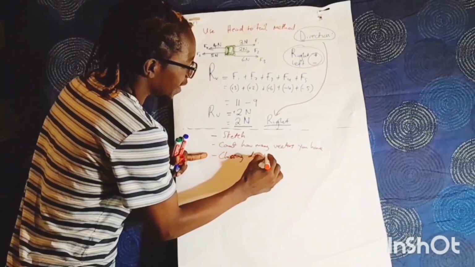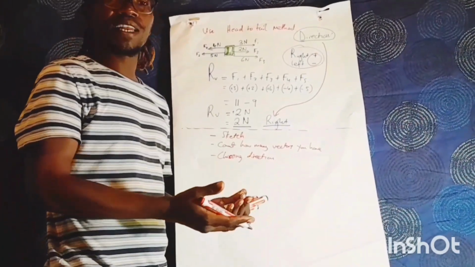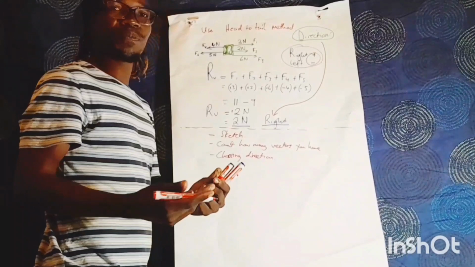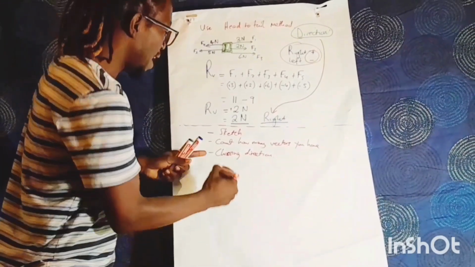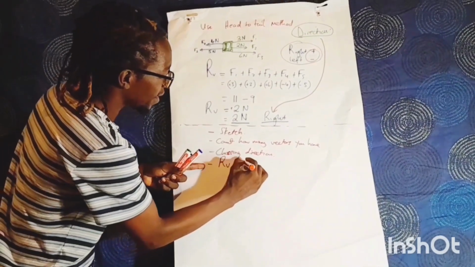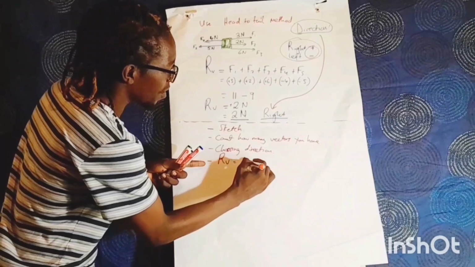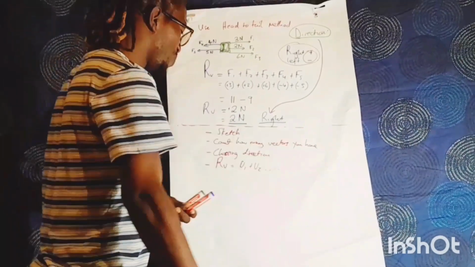It's either your right being positive, then your left automatically becomes negative, or north being positive, then your south automatically becomes negative. And then we find our resultant vector by adding up vector 1 plus vector 2 and so on, depending on how many vectors you have.